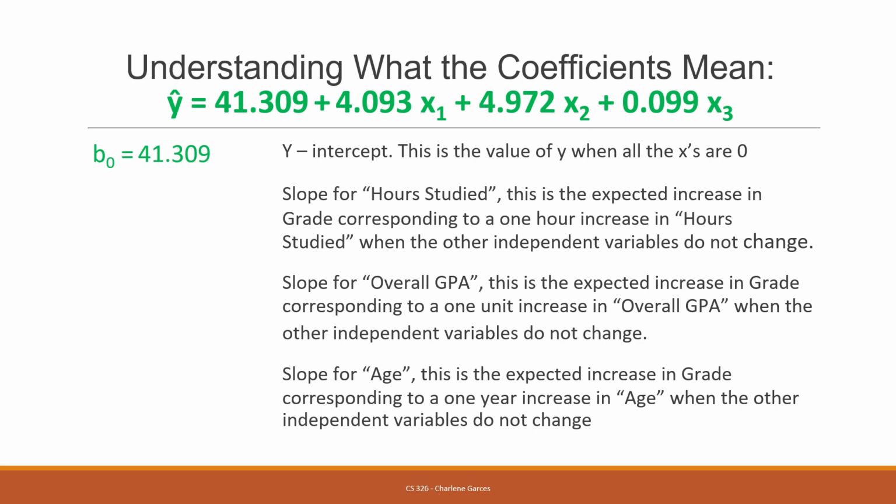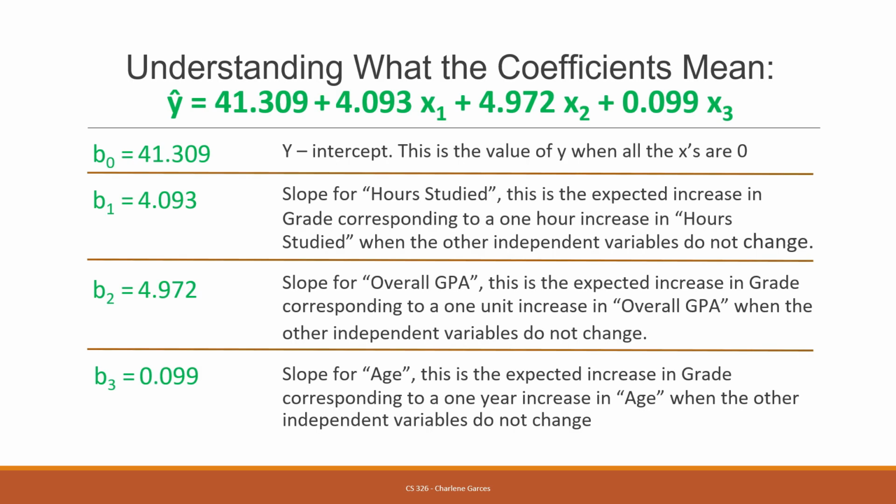So these are actually the explanations of the model that came out after you input those 20 different data sets. And then these are the explanations of those values in the multiple regression model.